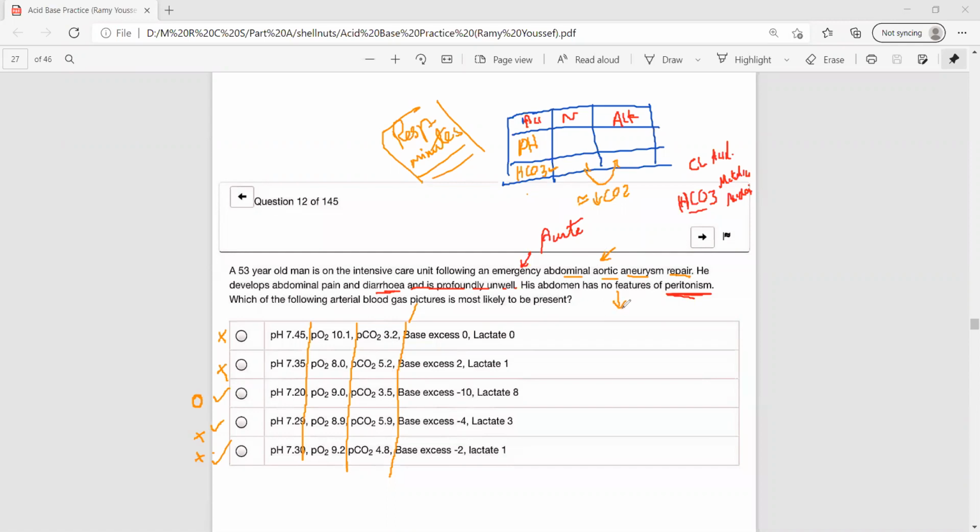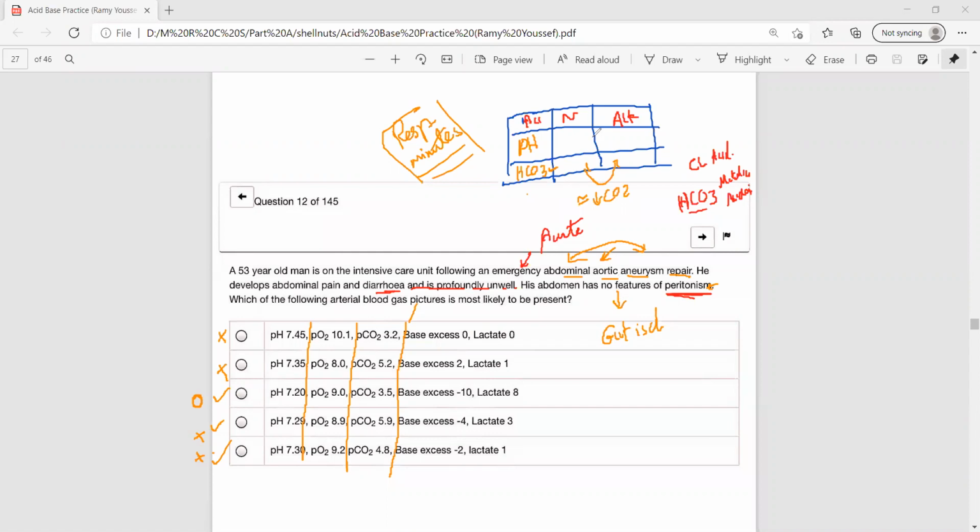Maybe. This patient has no peritonism, so this patient has no bleeding. Maybe it's a very difficult question because you haven't done vascular or abdominal surgery yet. One of the most common complications of abdominal aortic aneurysm repair is gut ischemia. Graft failure?